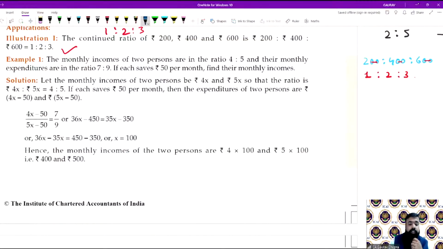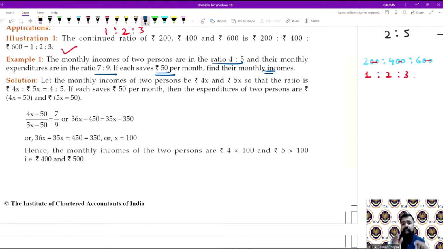It says the monthly incomes of two persons are in the ratio of 4:5, and their monthly expenditures are in the ratio of 7:9. So the expense ratio is given, the income ratio is given. If each of them saves rupees 50 per month, find their monthly income.